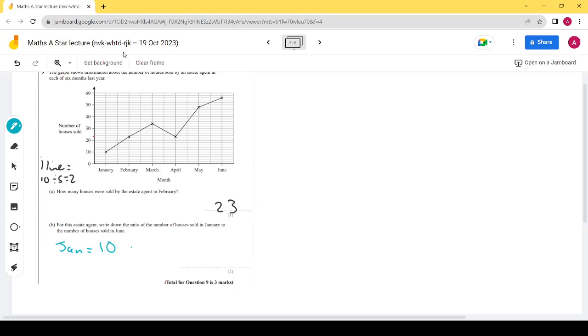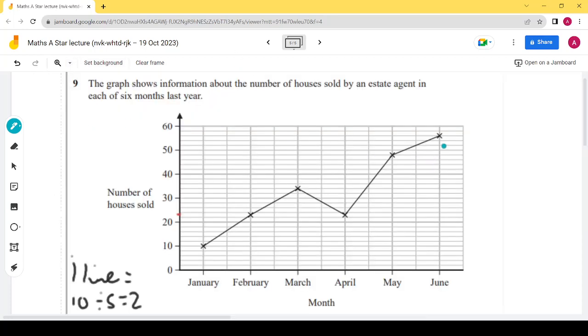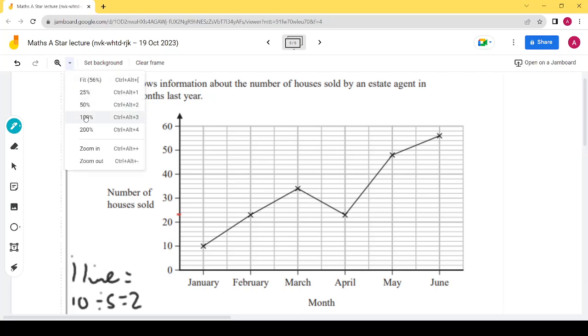For June, I'm going to have to zoom in again. This is definitely too much for my eyes. But we can see if we go across at 50, we can see it's gone up 1, 2, 3 slots. So we can say it's at 56. 56.